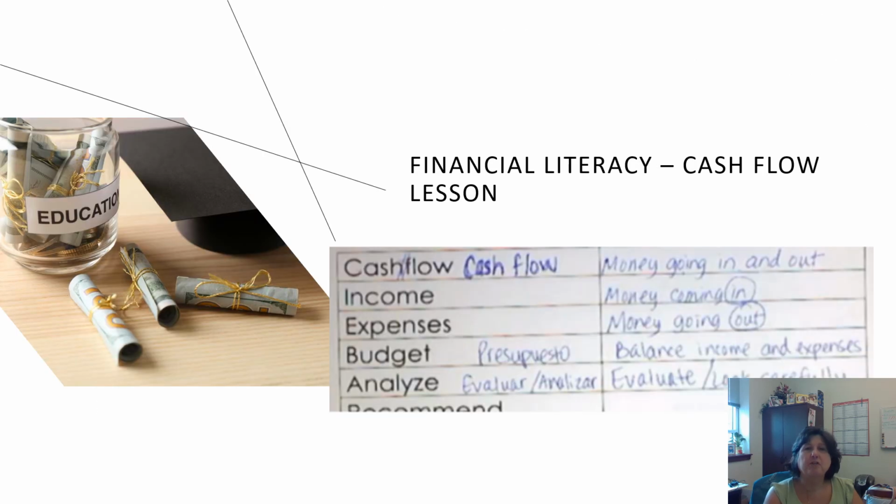Then we did the cash flow lesson under financial literacy and talked about money coming in, money going out. In this lesson, I focused on front-loading vocabulary that would lend itself to conversations, because my students had expressed the need to have more conversations in English.